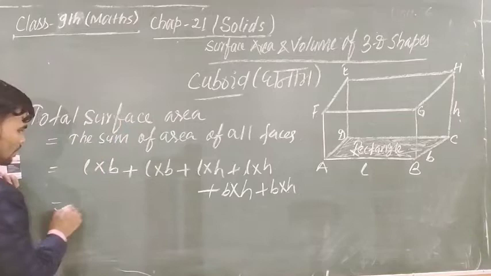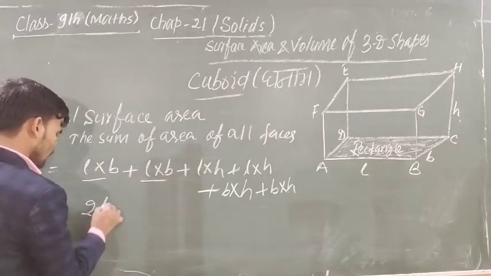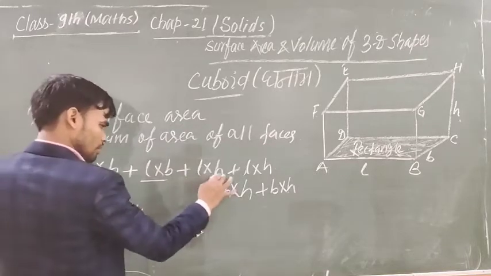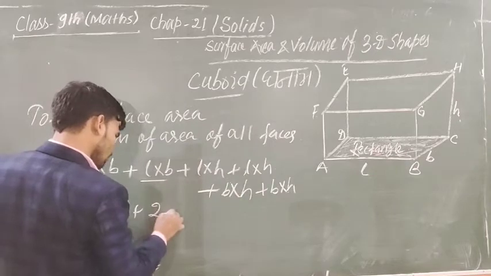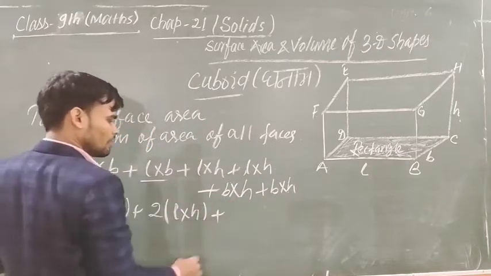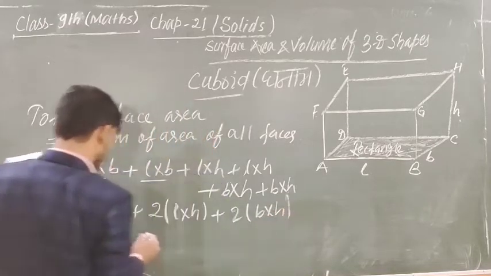After that, L into B and L into B will be 2 L into B, plus L into H and L into H will be 2 L into H, plus B into H plus B into H will be 2 into B into H. Now we take 2 common.